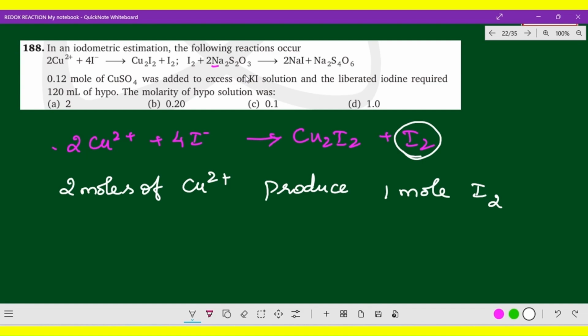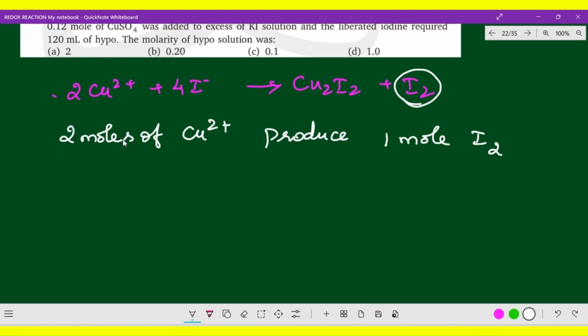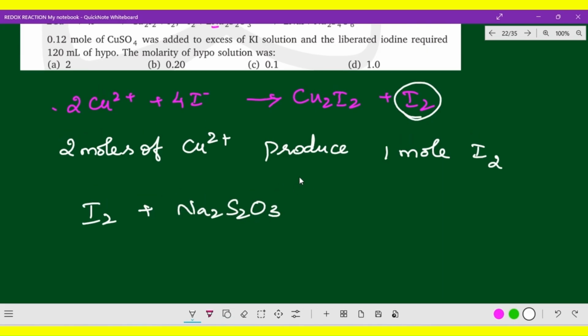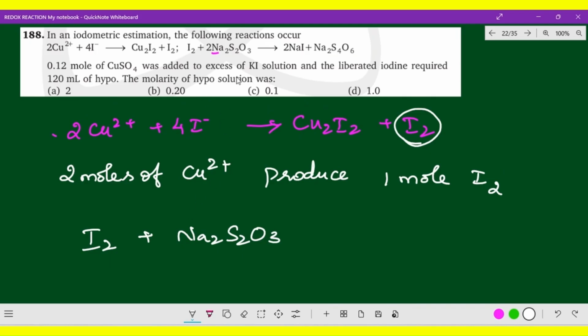Okay, now the next point, titration with hypo, the other equation. I2 plus Na2S2O3, another equation, I just bring that point. I2 plus Na2S2O3 gives NaI plus Na2S4O6, right? Now here they mention 2, and here also 2, right? Balancing equation.